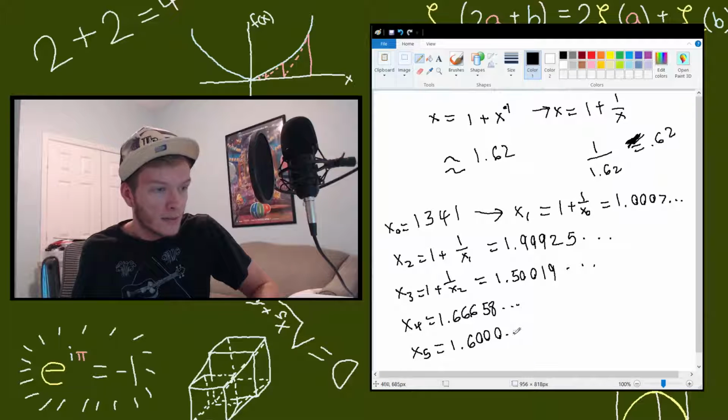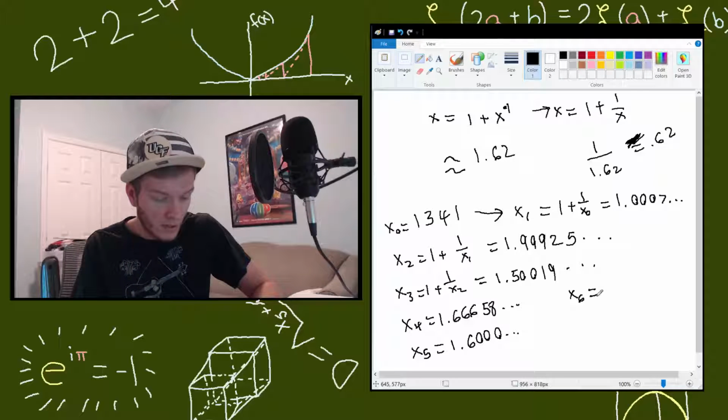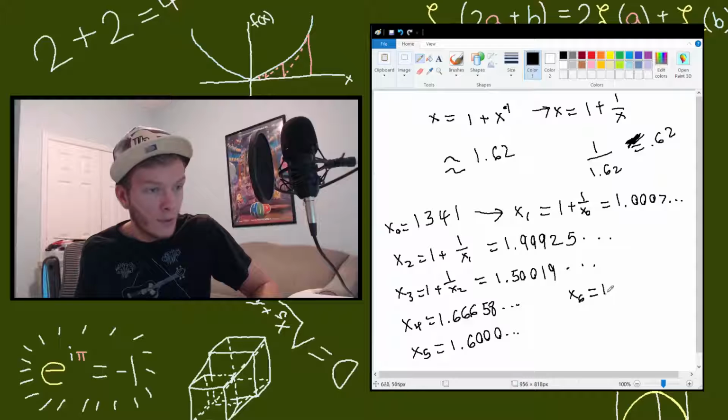1.6000 and some change, and then we're going to go over here for x6 is equal to 1 plus this, not squared. We're going to go to the negative 1, and we have 1.62499 and some change.